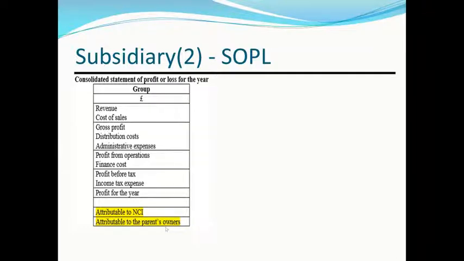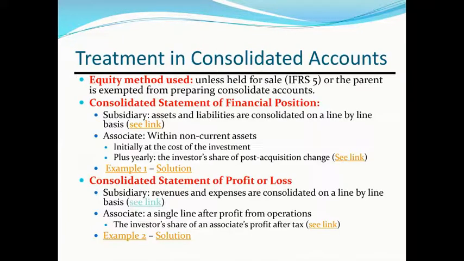And in the end, we have the profit for the year, and this profit needs to be split between non-controlling interest and the parent investors or the parent owners. Once we do this split, we have prepared the consolidated statement of profit or loss for the year, which includes the parent and the subsidiary.